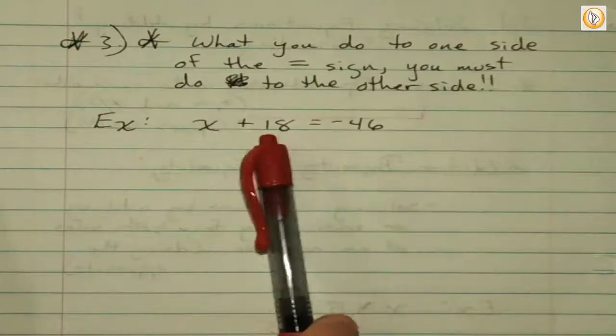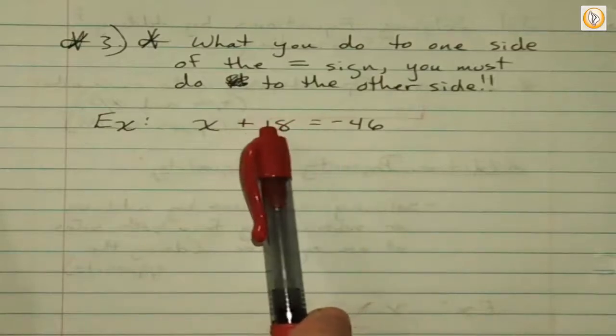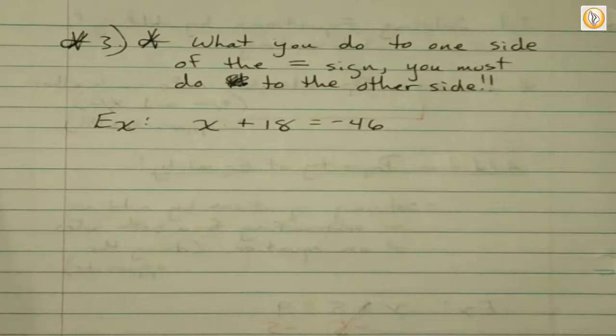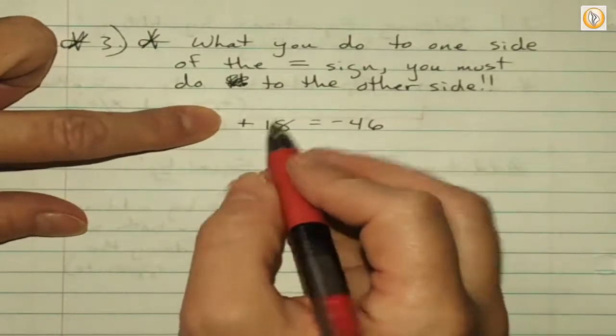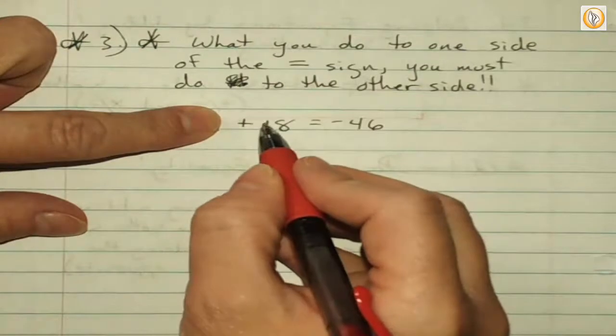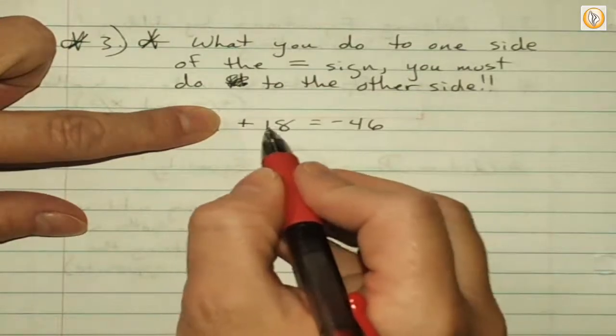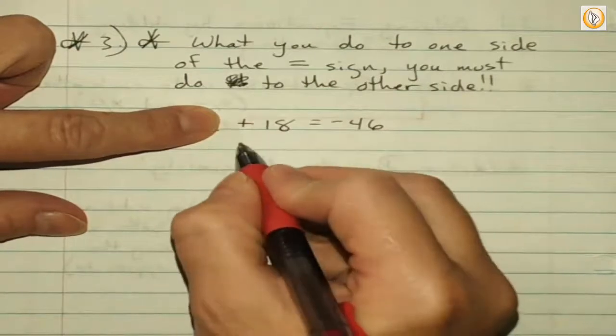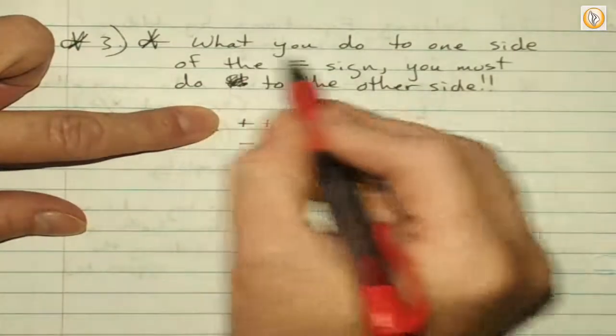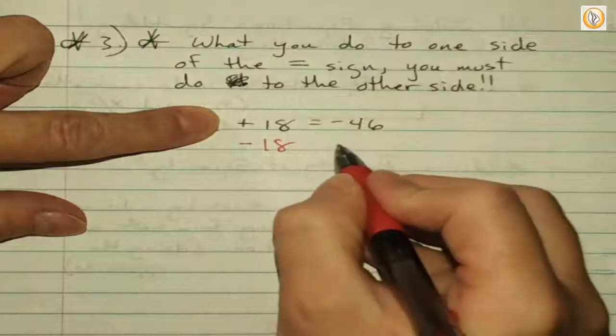Yeah. Okay, so we need to get 18 as the intruder. How do I get rid of it? Joseph? You have to subtract 18. Why am I subtracting 18? Because you're adding. Bingo. This is the intruder because it's adding, or you can even say positive. Then we do the opposite on both sides.